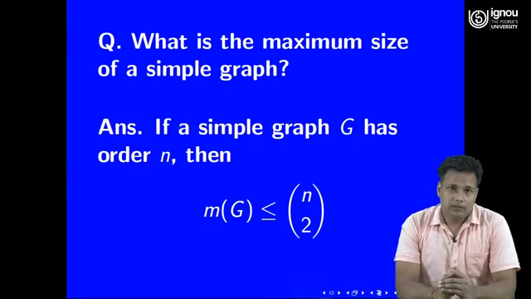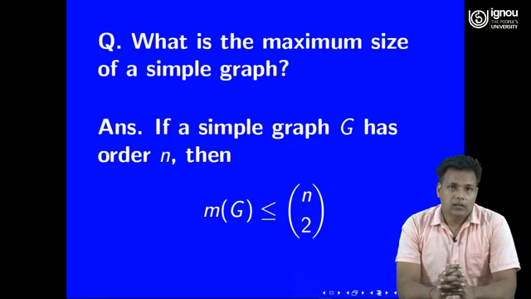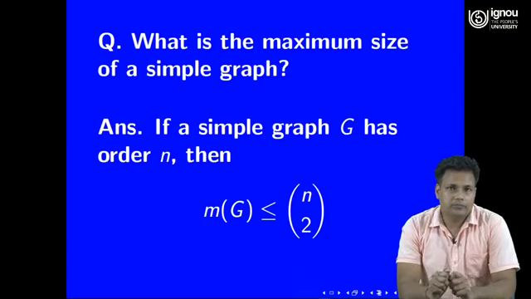Now, you know what a simple graph is. That means a graph which has no loops or parallel edges. I ask, what is the maximum size of a simple graph? In a simple graph, you can see that for any pair of vertices, there is at most one edge between them.